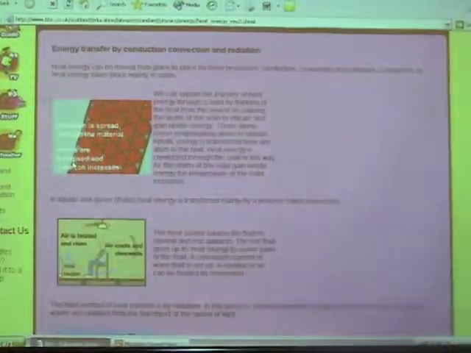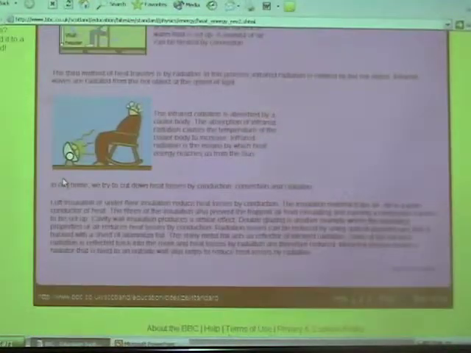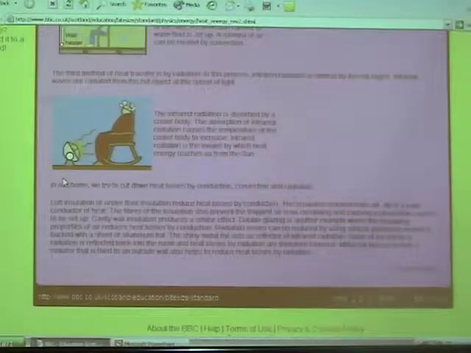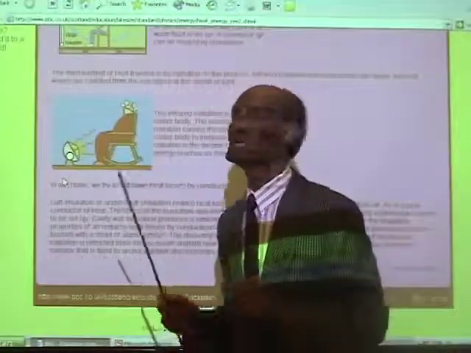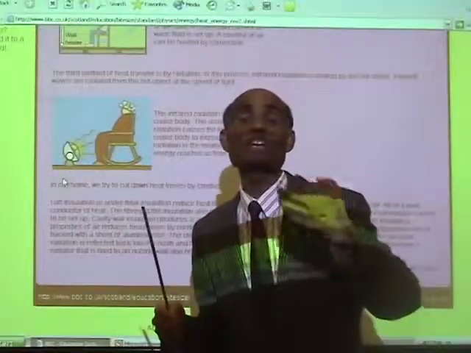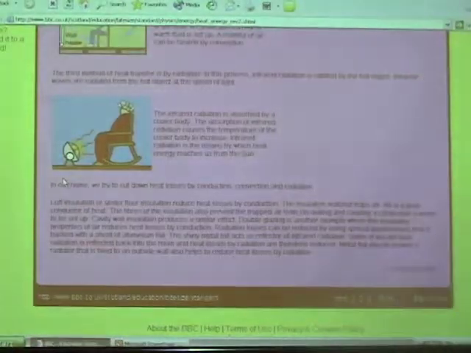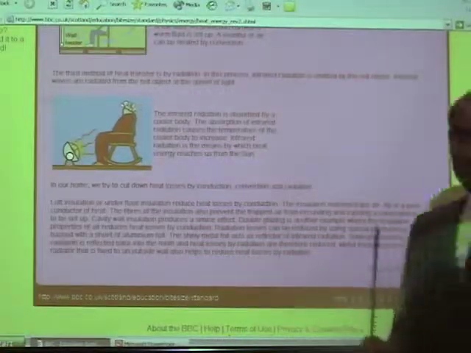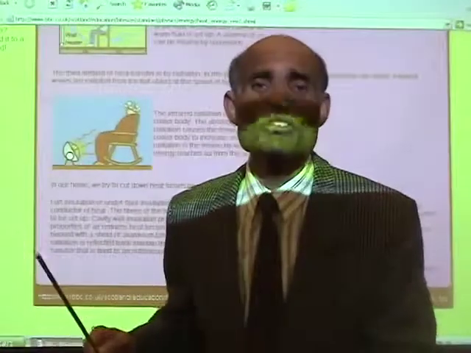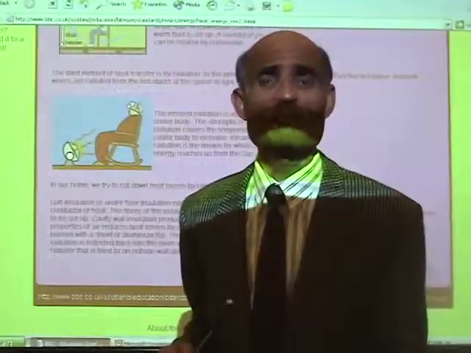Alright, so conduction and convection, and we have also a good example of radiation. This time heat is thrown by the heater, so it doesn't need any intervening medium. So these are examples of conduction, convection and radiation, and we actually experience that every day of our life, don't we?